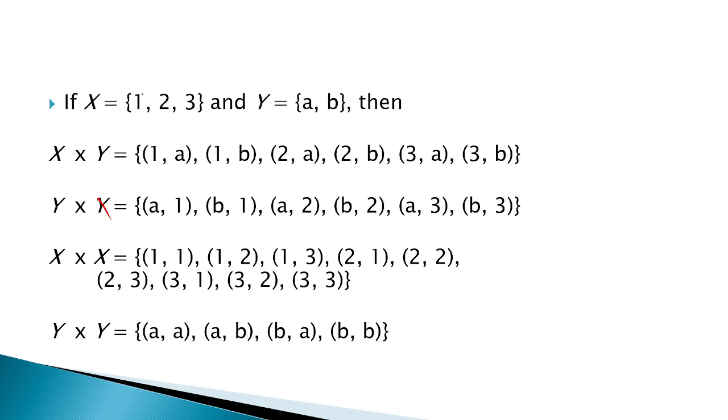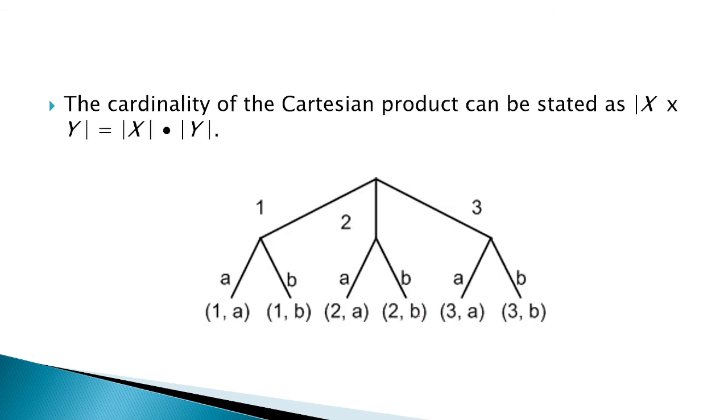O, ganun lang. (1, 1), (1, 2), (1, 3), (2, 1), (2, 2), (2, 3), (3, 1), (3, 2), (3, 3). Again, the order matters. So, ito ngayon yung laman ng set natin. Next, Y cross Y. So, ganun din. (a, a), (a, b), (b, a), (b, b). So, those are the elements of Y cross Y. Yun, so, yun yung ating ordered pair.